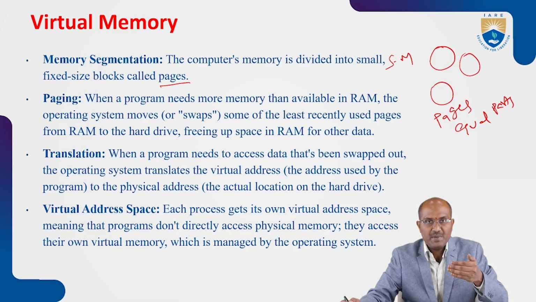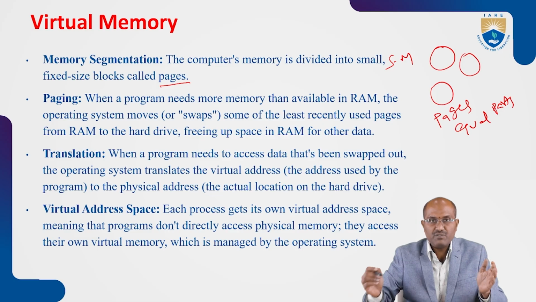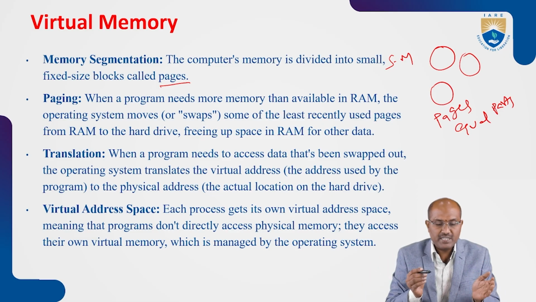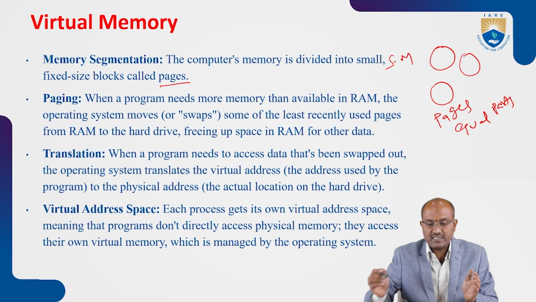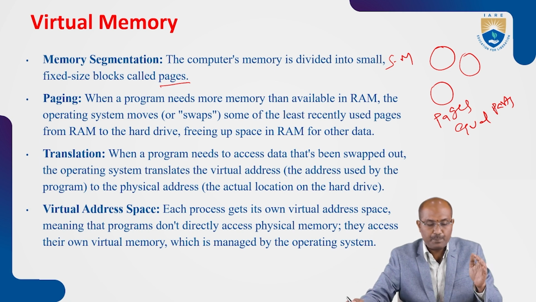When a program needs to access data that is swapped out and swapped in by the operating system, that is the translation of the virtual address to the physical address. The address used by the program is called the virtual address.